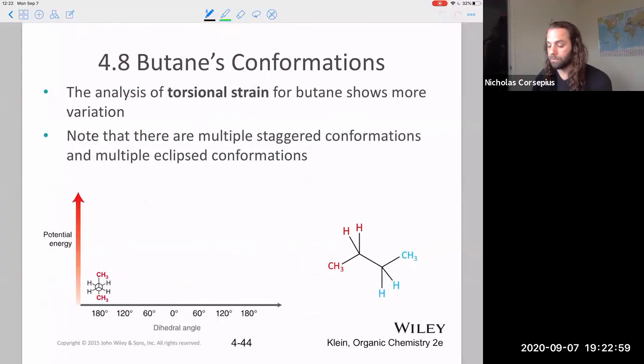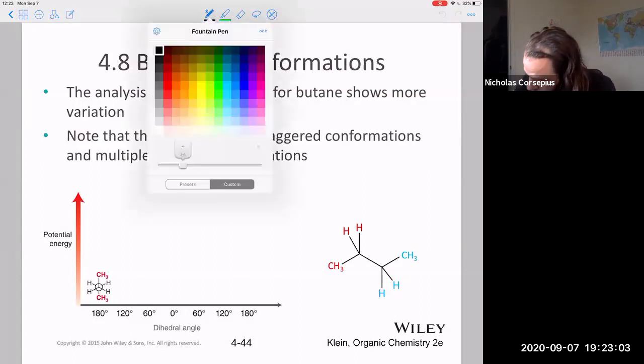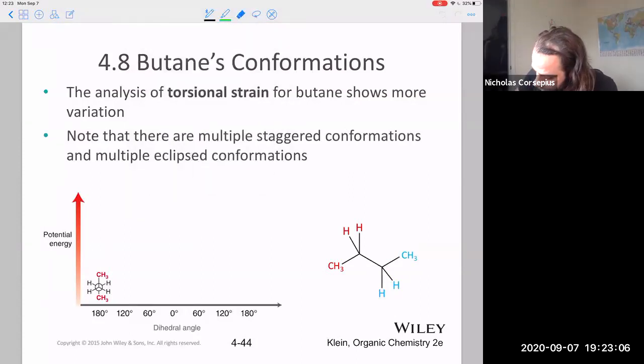Okay, so now let's go through the rotational conformational analysis of butane, starting in this staggered conformation.